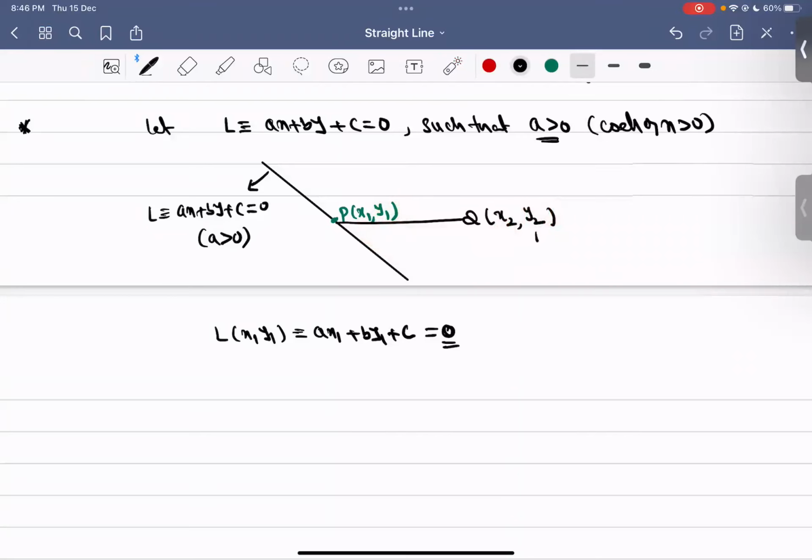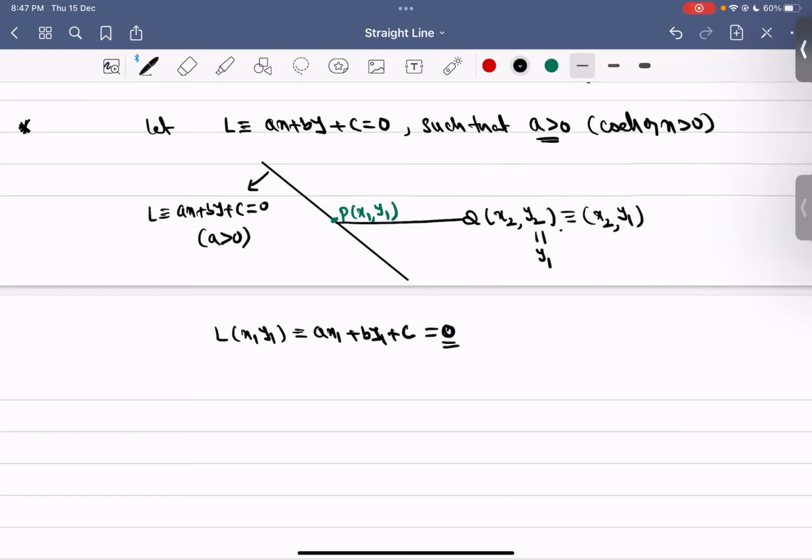Therefore y2 is nothing but y1. So the coordinates of Q are (x2, y1), because we have drawn the horizontal line. Just the x value changes, the y value is fixed.